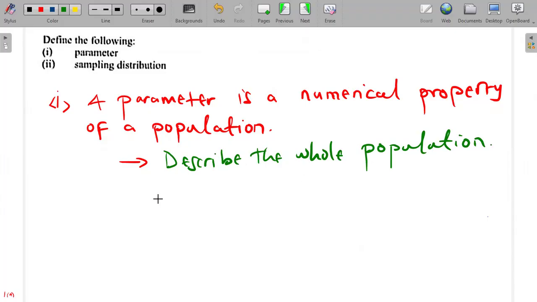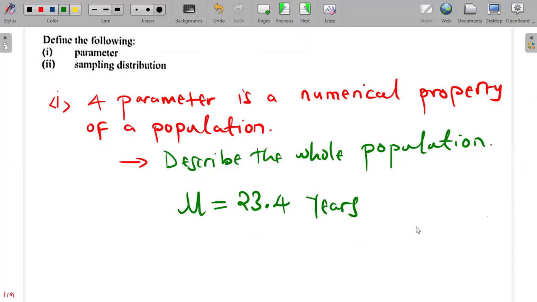For example, the average age is mu equals 23.4 years. You can see that this mean is describing something about the whole population of students. So we call that a parameter.